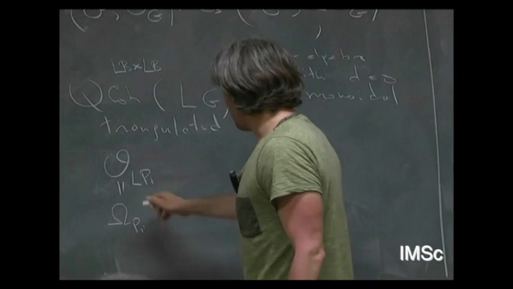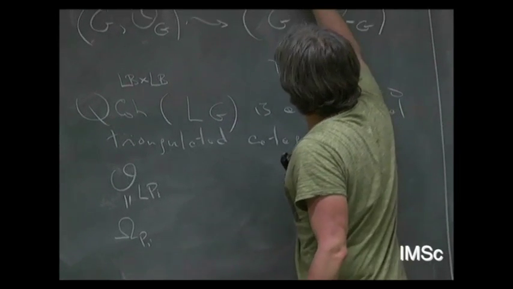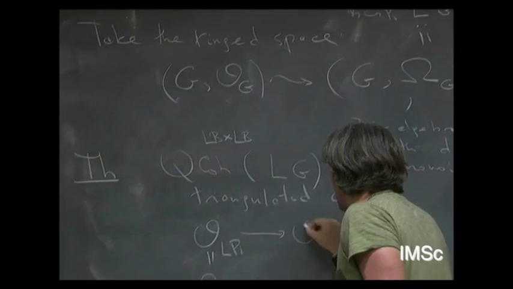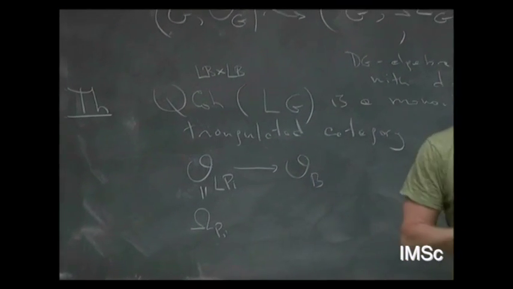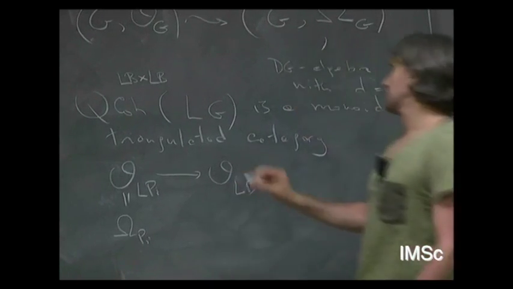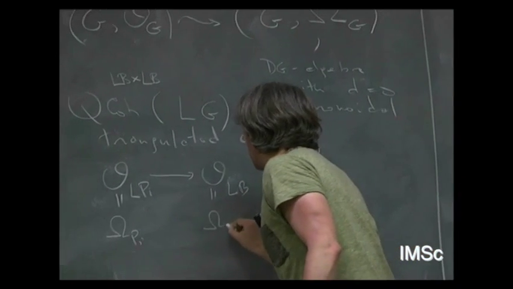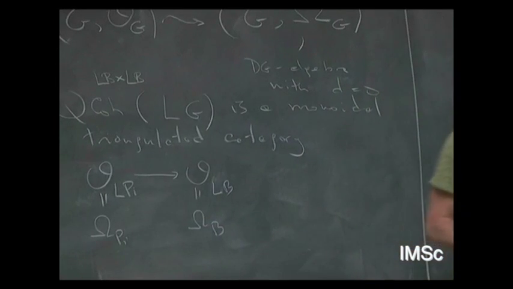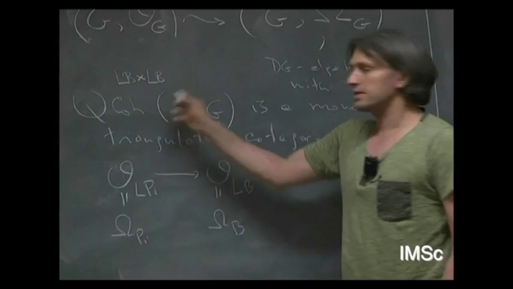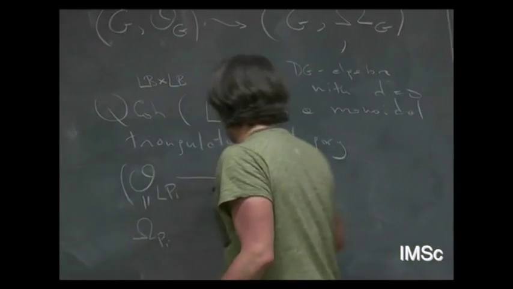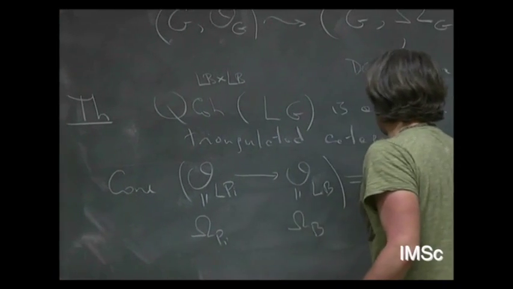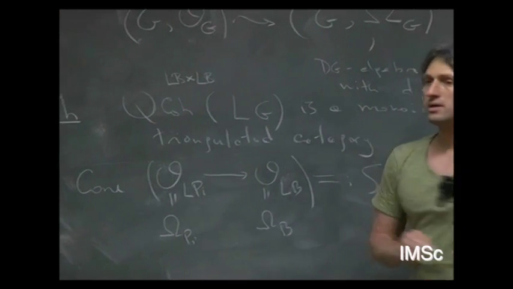And since we have restriction, so we have the embedding of b into pi, we have a canonical map from this to OLB, which is the same as omega b. So it's a two-term complex in this category, and let's take its cone and denote it by SI.